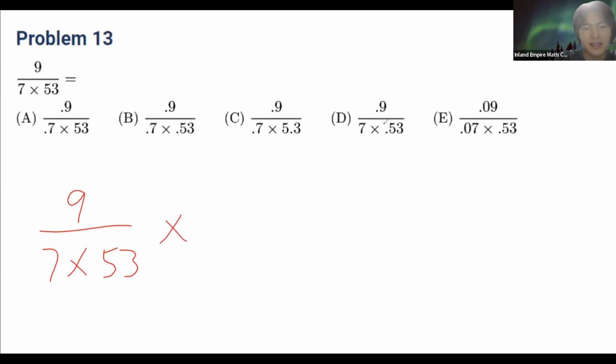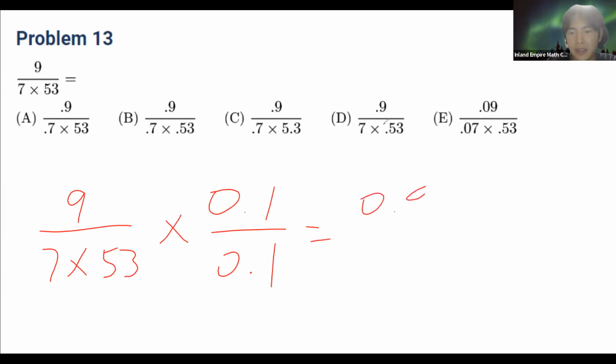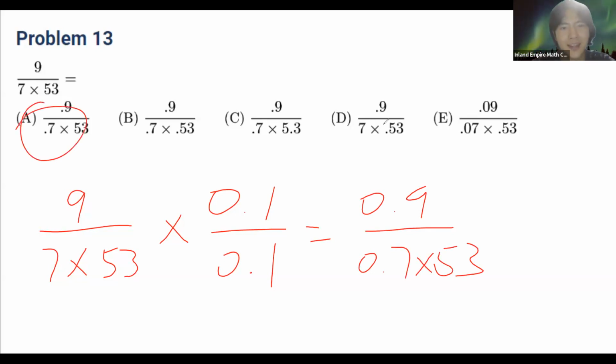So if you multiply by 0.1 over 0.1, which is basically multiplying by 1, you get the same fraction written in a different way, but the value is the same. That gives you 0.9 over 0.7 times 53. Does this match anything? Oh, look at that. Bam, we're done.